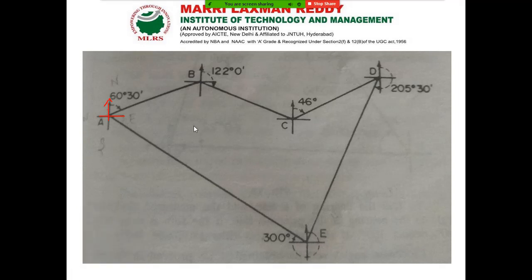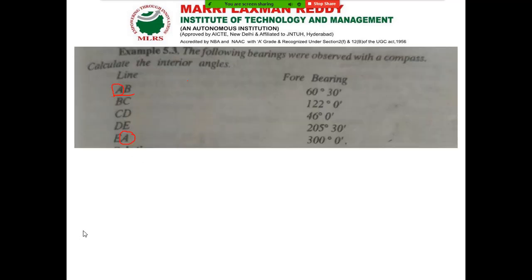From the diagram, they have asked to find the interior angle. So what is the interior angle formula? Interior angle is nothing but included angle. If the traverse is running in clockwise direction, then our included angle is equal to interior angle.